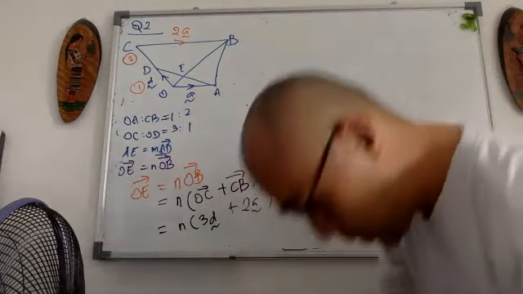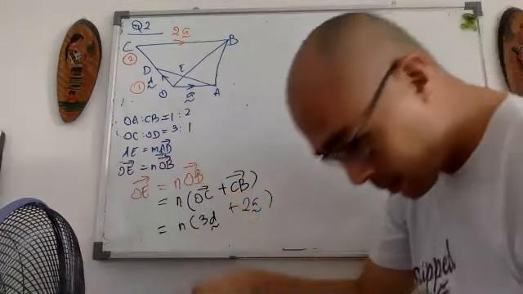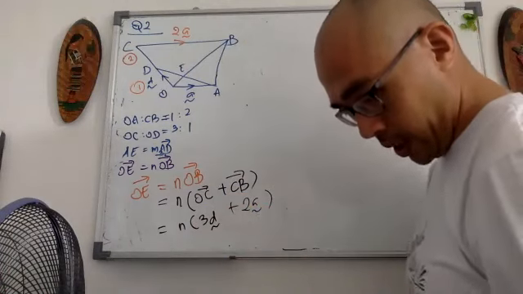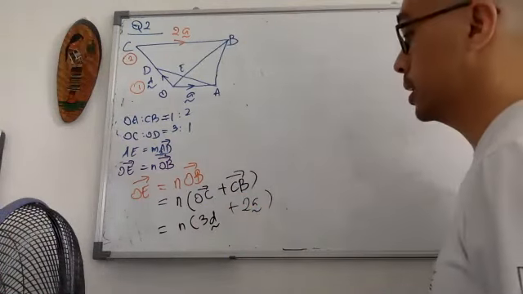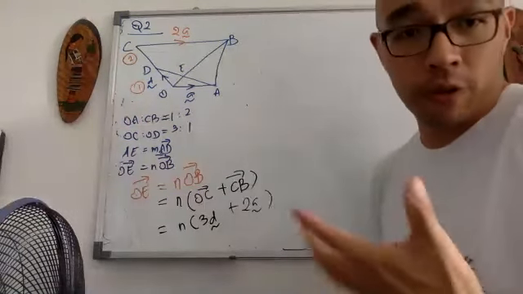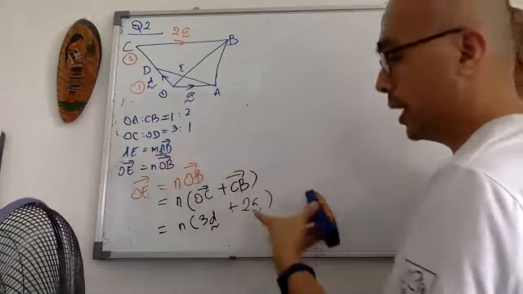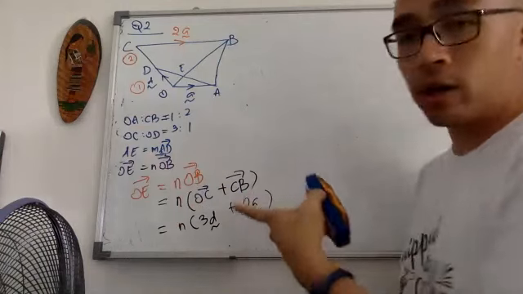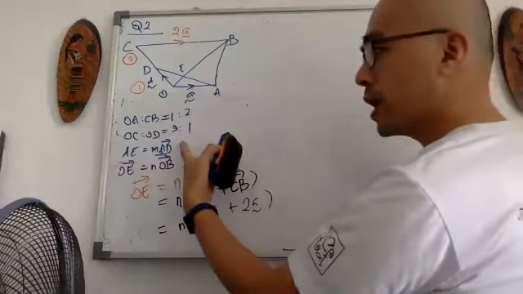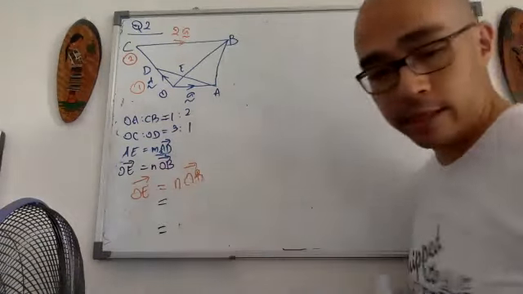Hold on. Oh, okay. I see. We cannot use this method because there's no M. We somehow have to put the M inside, because the question requires us to put M inside. So how do we find this AD?